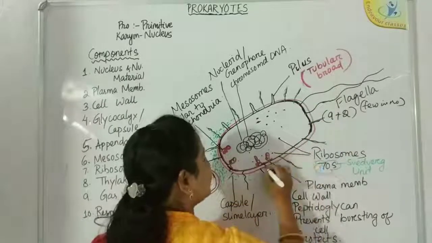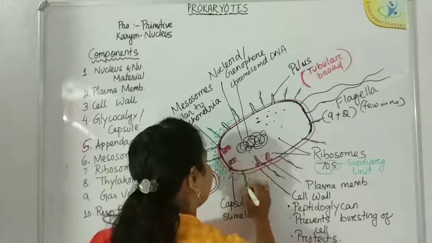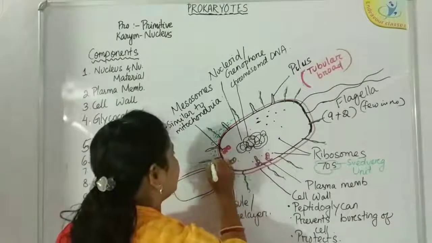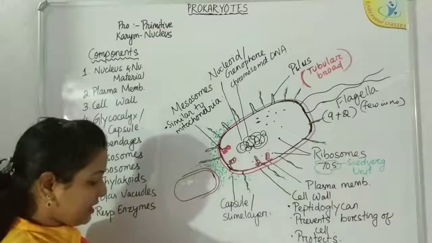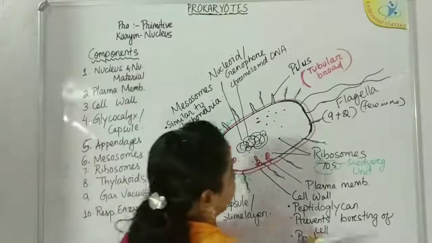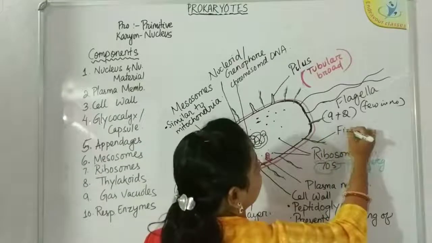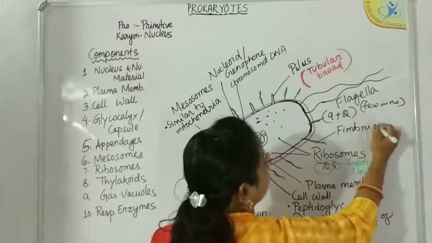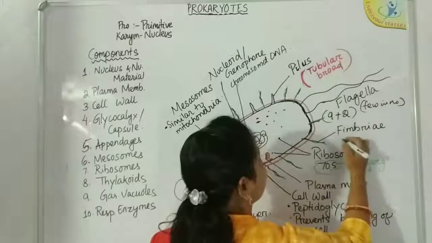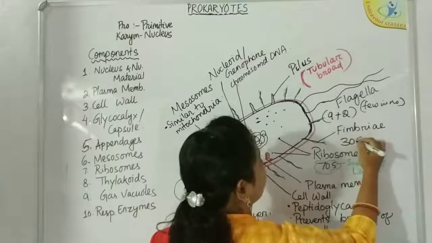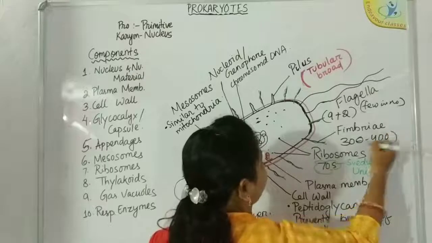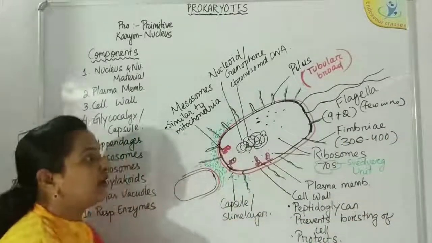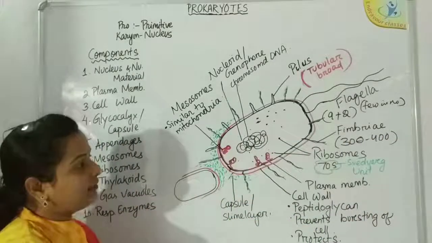They are shorter than the flagellum. 300 to 400 fimbriae are present in one prokaryotic cell.